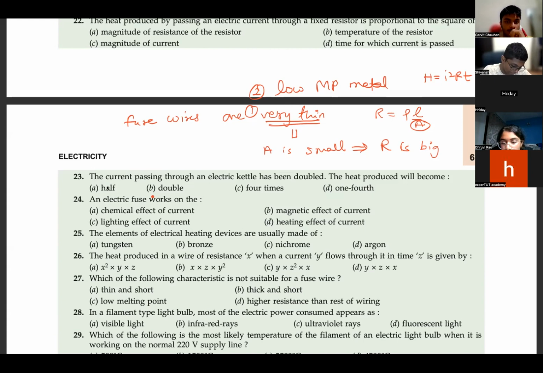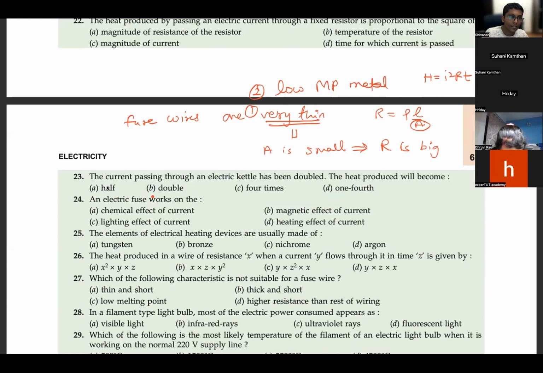So it is very less. Usually wires are made up of copper, which is 1085, right? Yes, that is less, but still you can't achieve 231 easily. 231 is about the maximum temperature of your cooking vessels, the tawa in the kitchen.